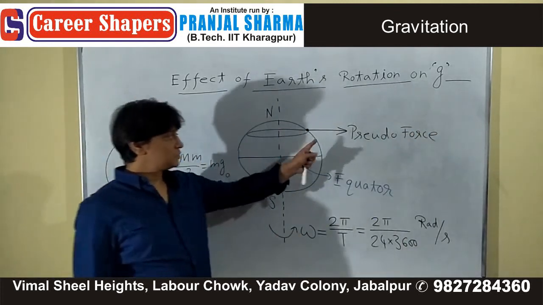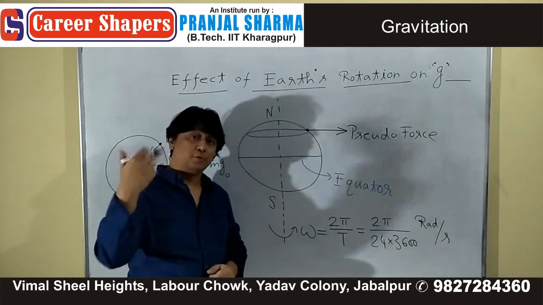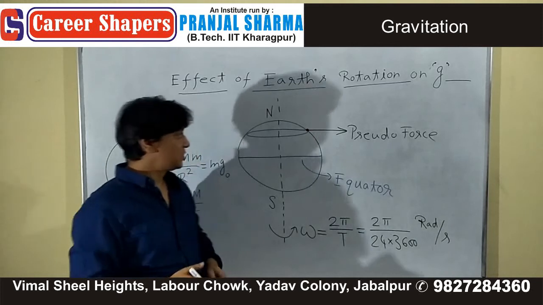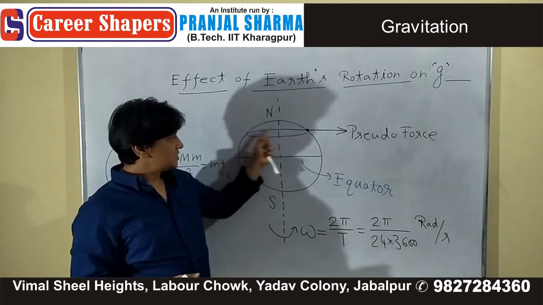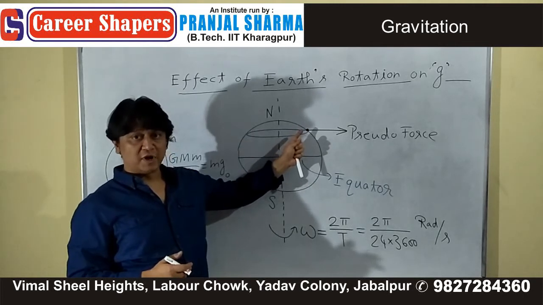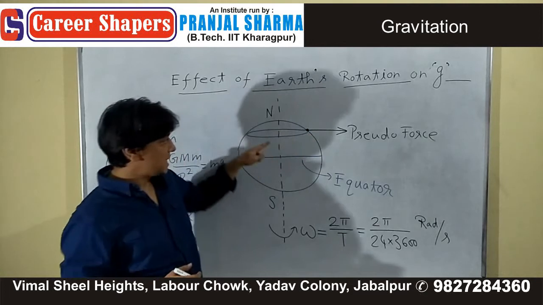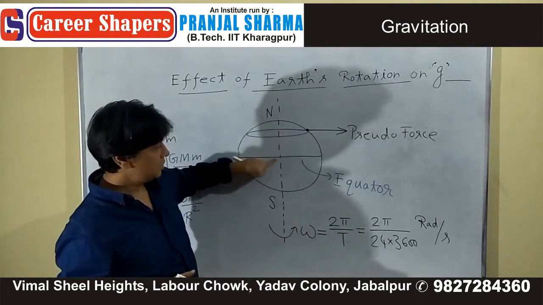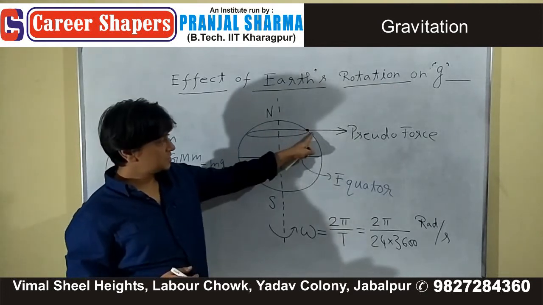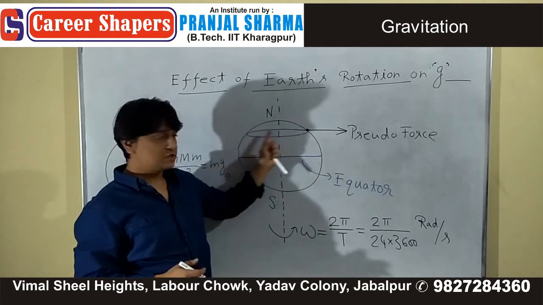Direction of pseudo force is in the opposite direction of acceleration present. This is a circular path. For a circular path, you need centripetal acceleration. That centripetal acceleration is acting towards this center, not this. For this person, this is the circular path.